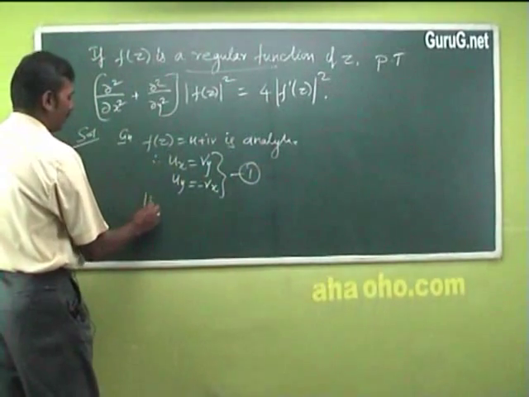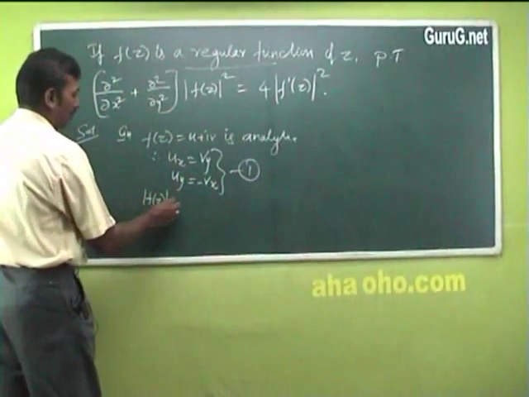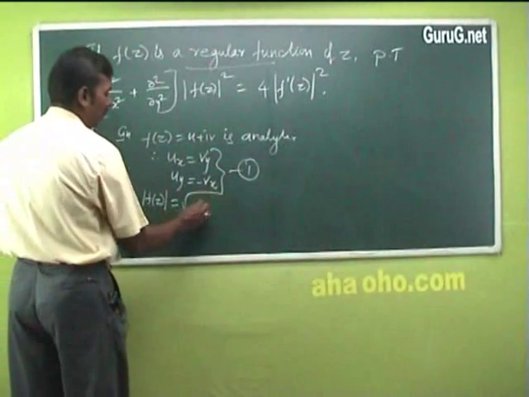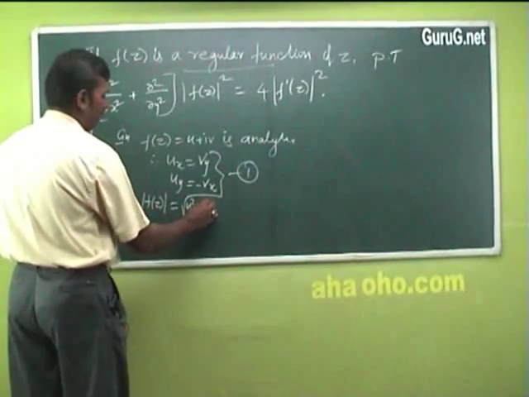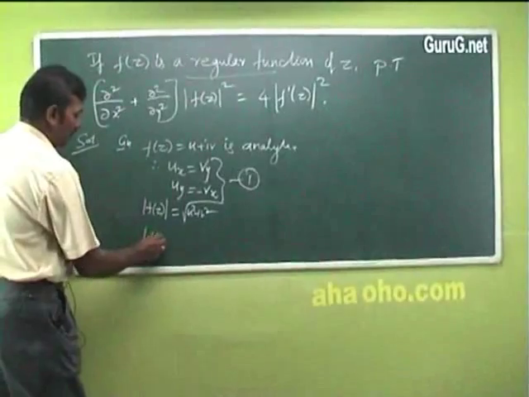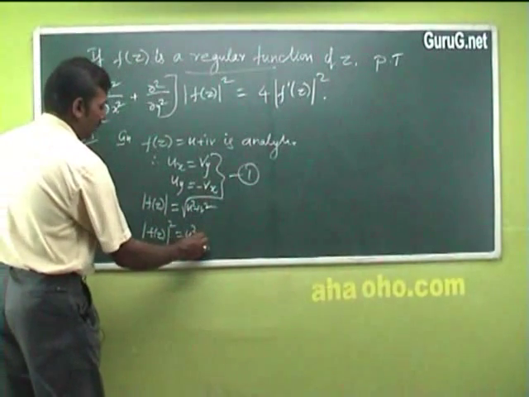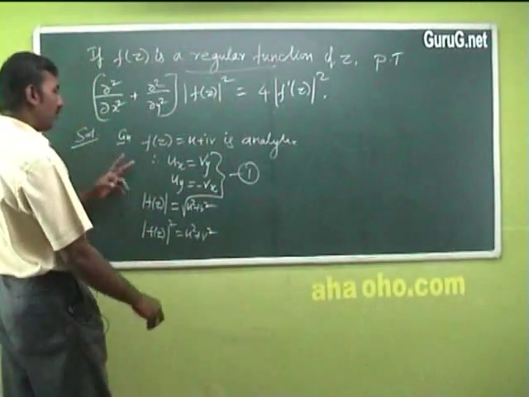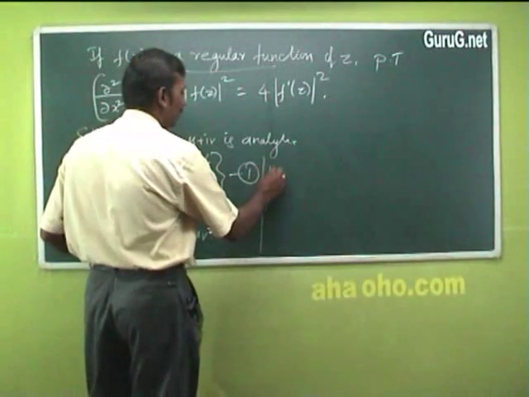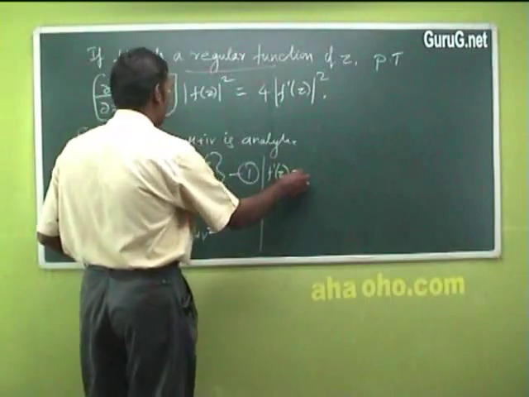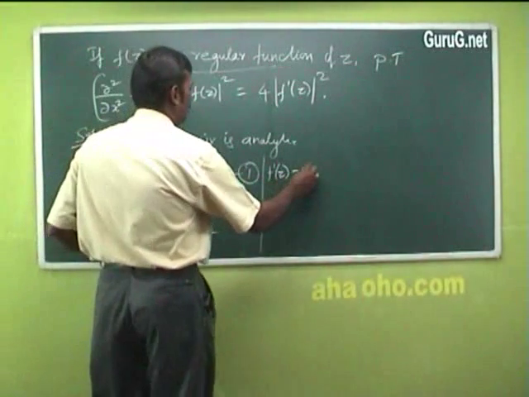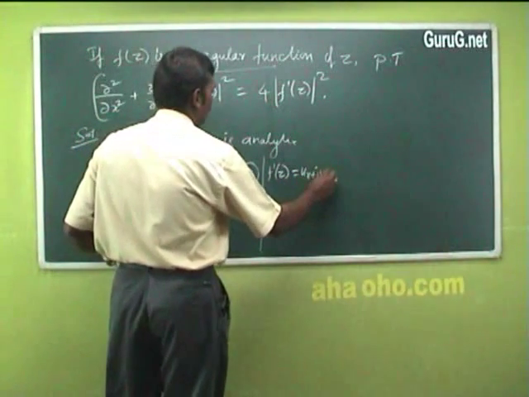Then modulus of f of z is root of u squared plus v squared. So modulus of f of z the whole square is u squared plus v squared, right? What is f dash of z? I differentiate with respect to x, so ux plus ivx.